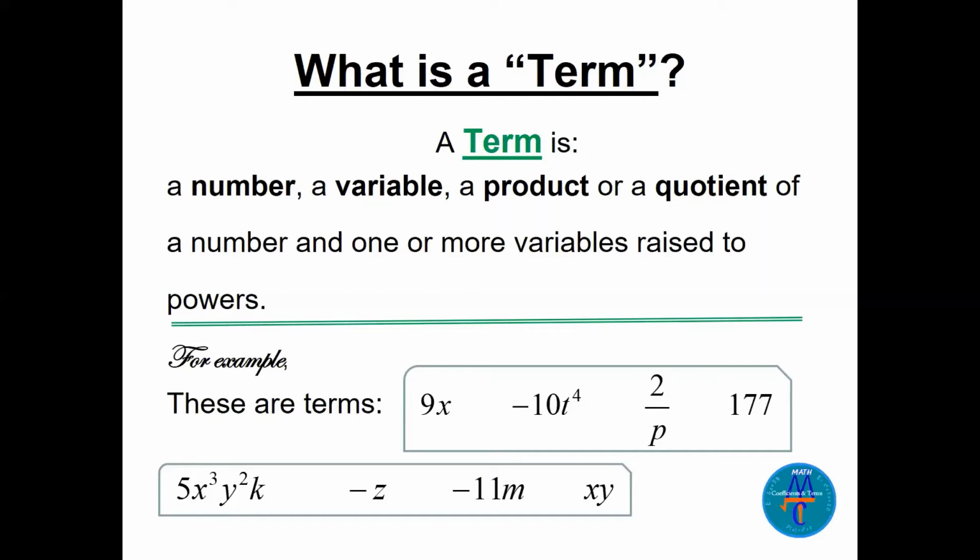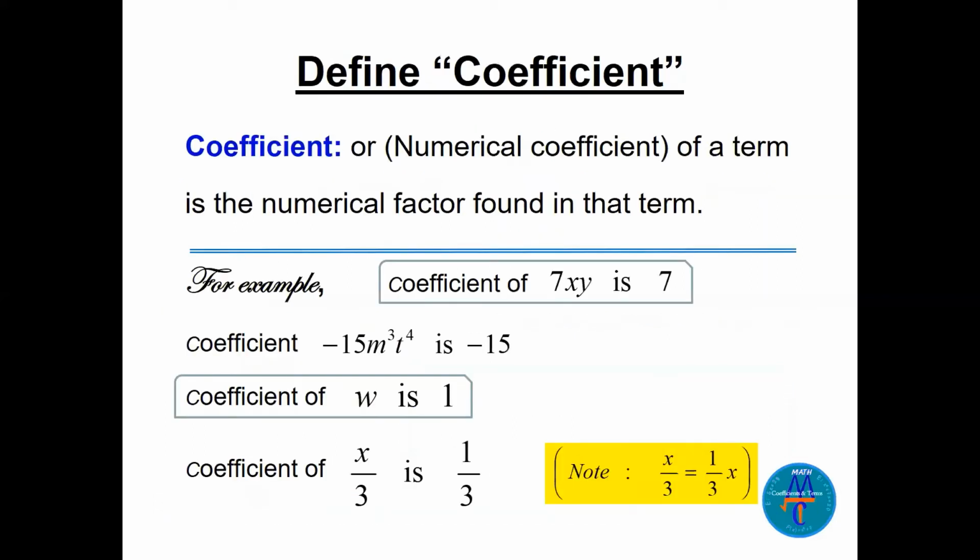Okay, let's go. Coefficient. Coefficient, or sometimes we call it numerical coefficient of a term. So when we say find the coefficient, we should have a term. It's a numerical factor found in that term. So let's see here, examples. Coefficient of 7xy. See, the coefficient is the 7.